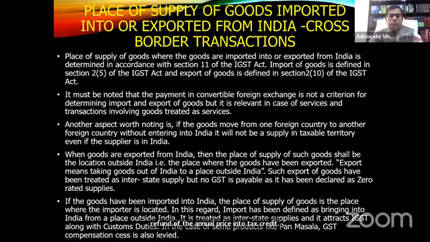And if the goods are imported into India, then it is treated as an IGST transaction, an interstate transaction, and it attracts IGST along with the customs duty. And in some cases of import, like suppose import of pan masala etc., compensation cess is also levied.